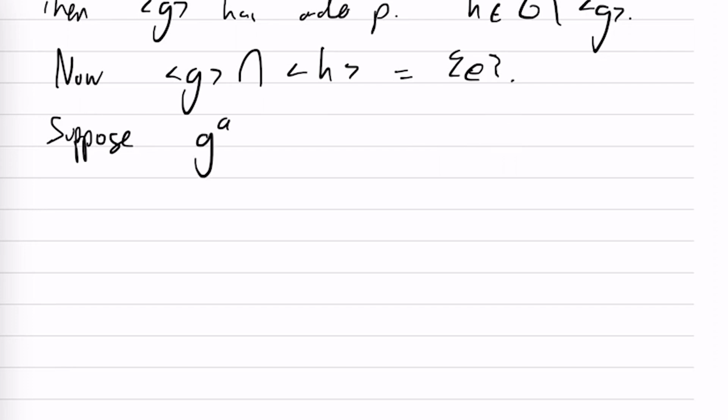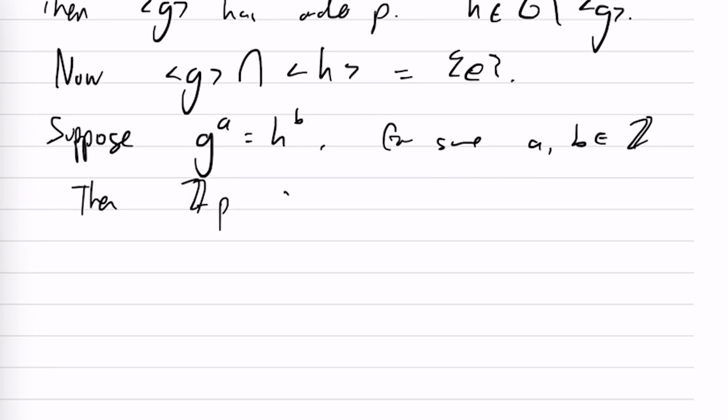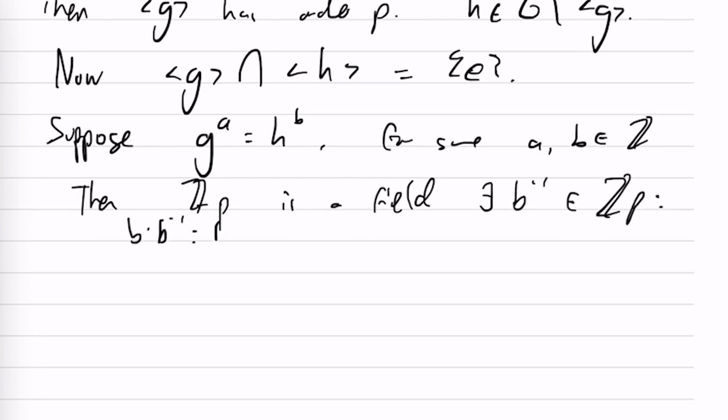Suppose that g to the a equals h to the b for some a, b in the integers. Then, since the integers mod p is a field, there exists some b inverse in that field such that b times b inverse equals 1 mod p.